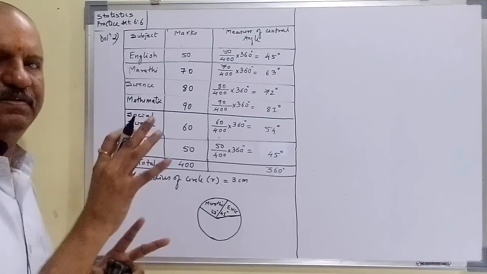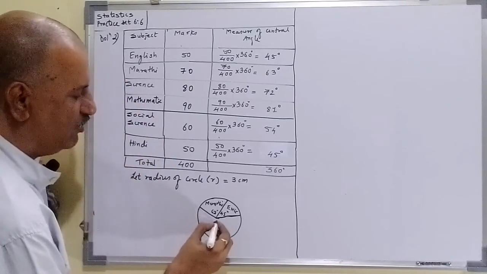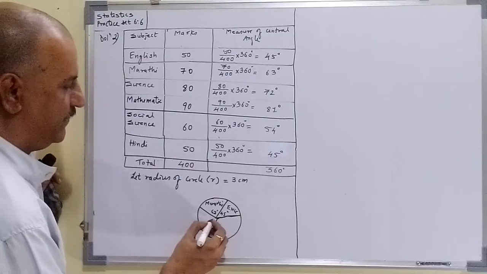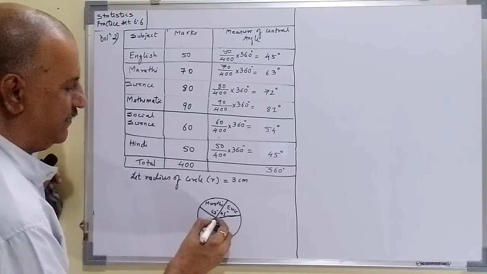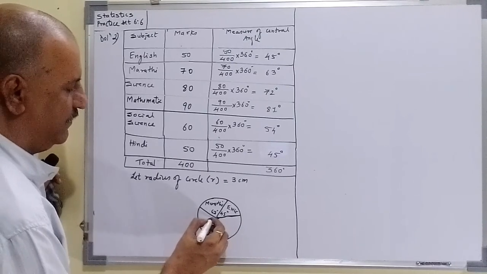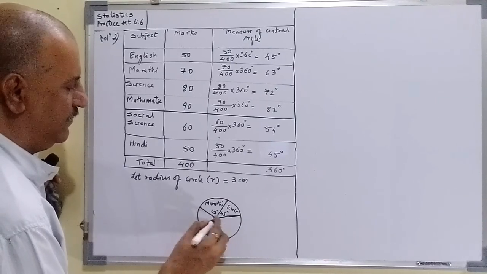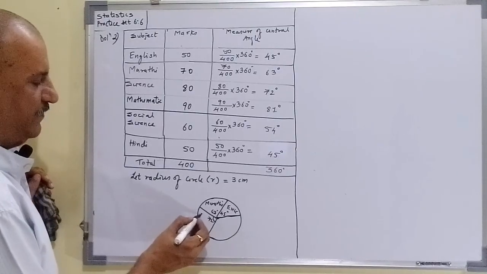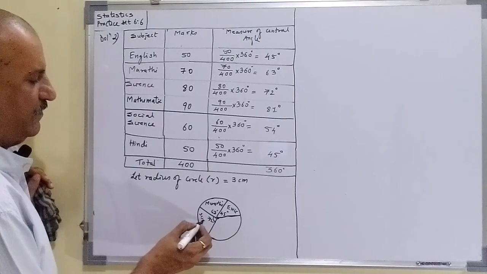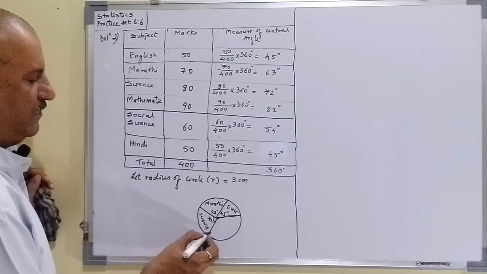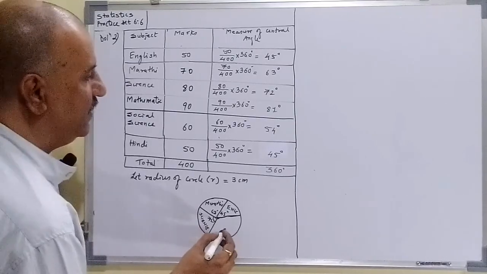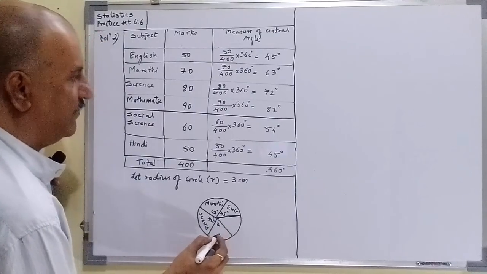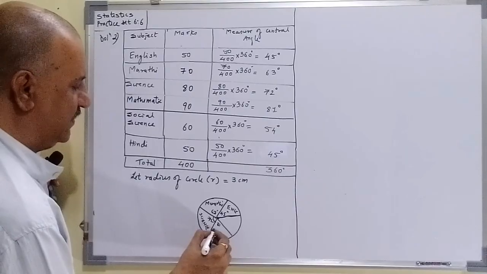Draw a bigger circle. It should be visible, and you should be able to write. Then 72 degrees, this is science. Then you have 81 degrees, this is mathematics.